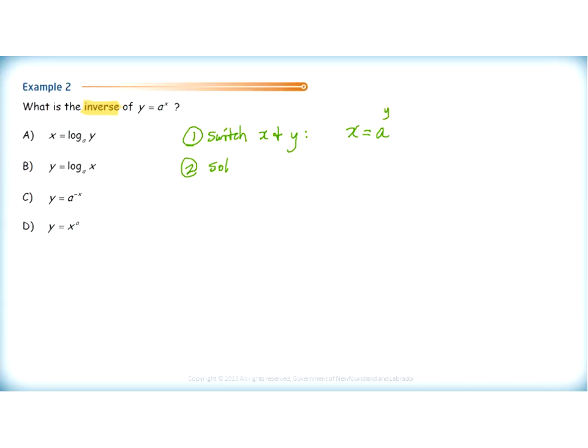The second step, we are asked to solve for y. And in order to do so, we again convert it to logarithmic form. So it will be y equals the log of x to base a. And that answer corresponds with B as our multiple choice answer. That is the inverse of y equals a raised to the power of x.